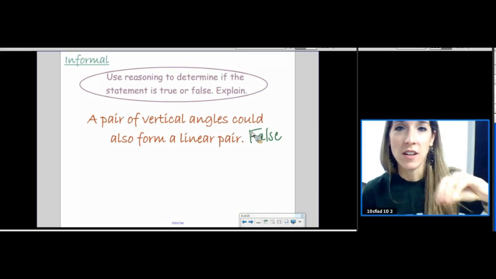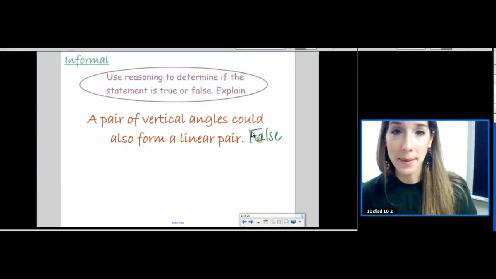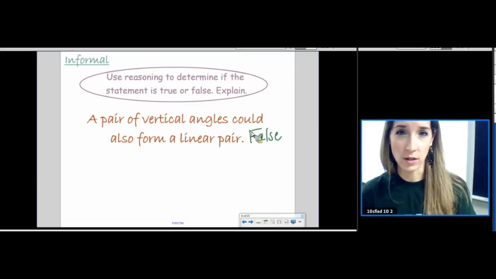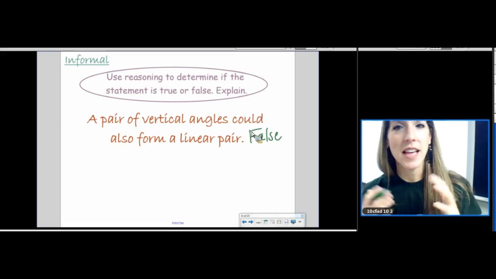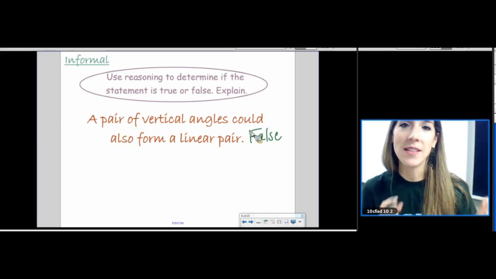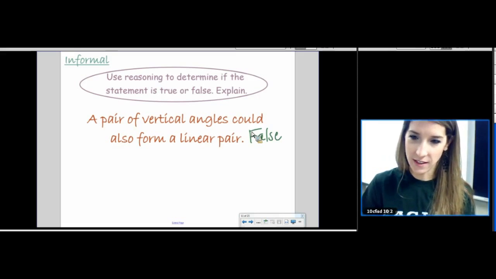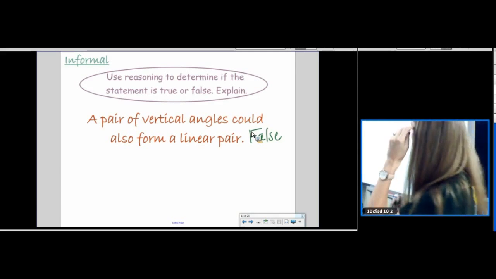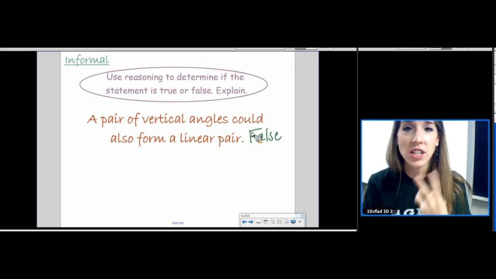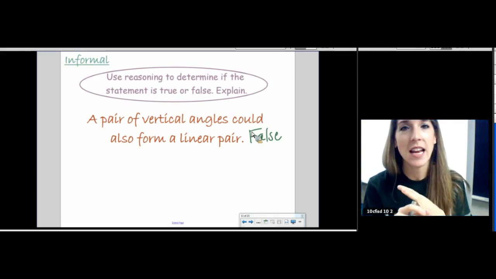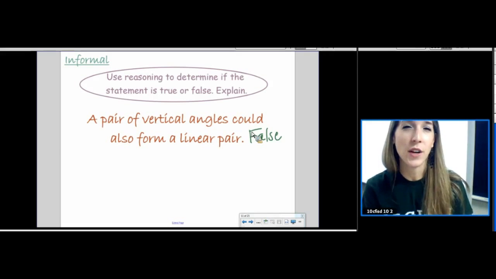By definition, vertical angles are the opposite angles formed when two lines cross. By definition, angles that form a linear pair are adjacent, and angles that are opposite cannot be the same as angles that are adjacent. So if you're proving informally, you could draw a picture, you could call on the definitions, you could write a sentence. There are all different ways if you're informally just showing that something's false.